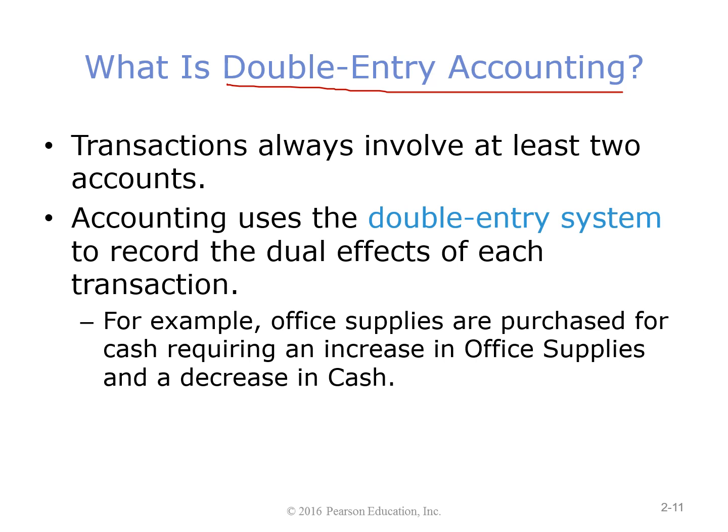For example, office supplies are purchased for cash, requiring an increase in office supplies. Refer back to chapter 1 if you'd like to. And a decrease to cash. So actually, whenever office supplies increase, we have to debit it or credit it, and whenever cash is decreased, we have to debit.